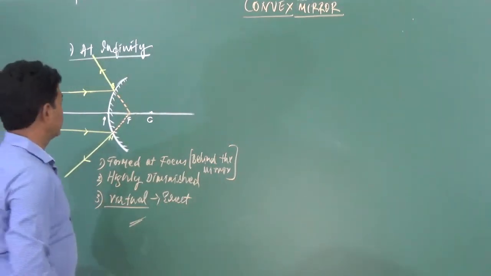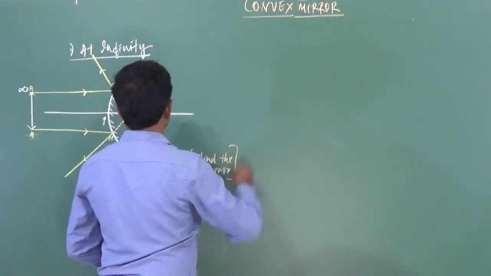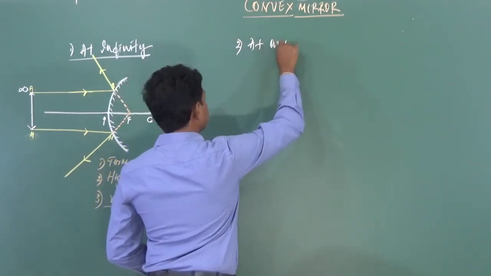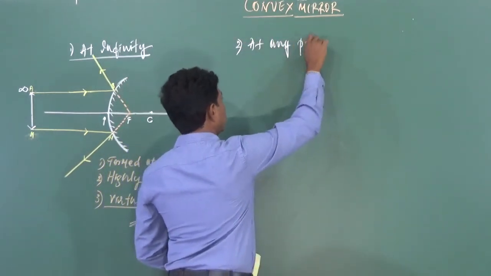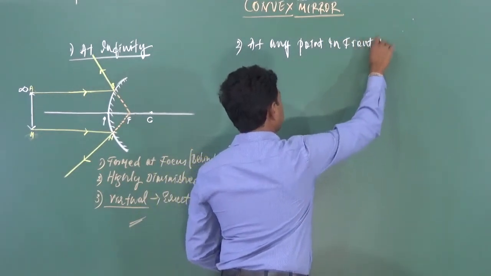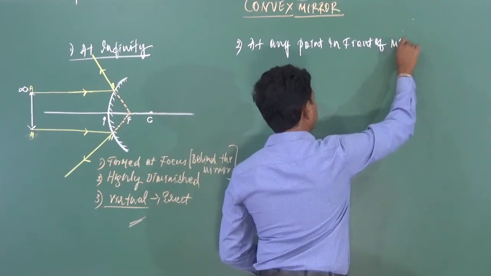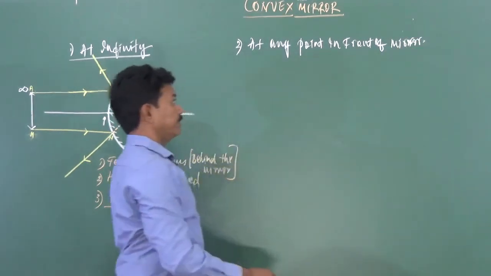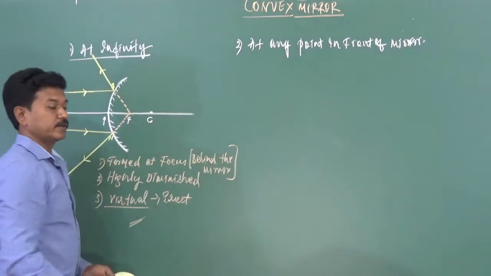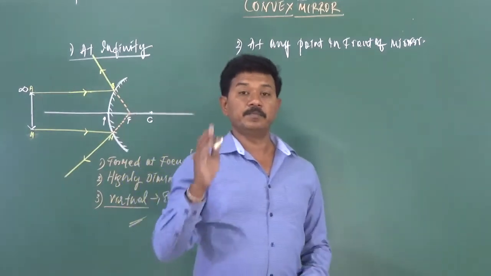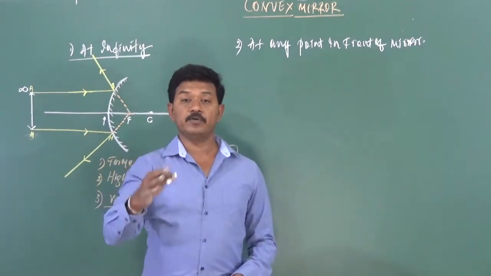So we will go with the second thing. Second point: at any point in front of the mirror. At any point in front of the mirror means what? We are not very particular about it. We can place the object at any point in front of the mirror.